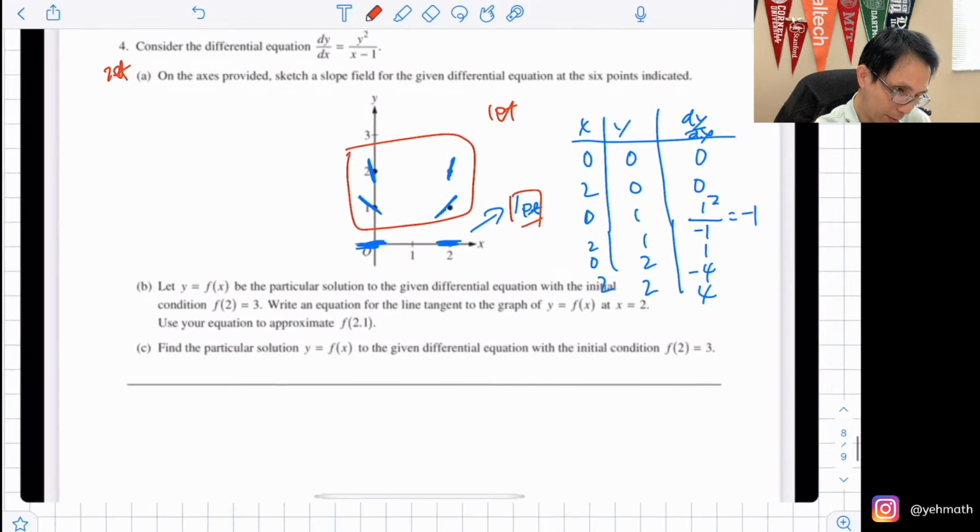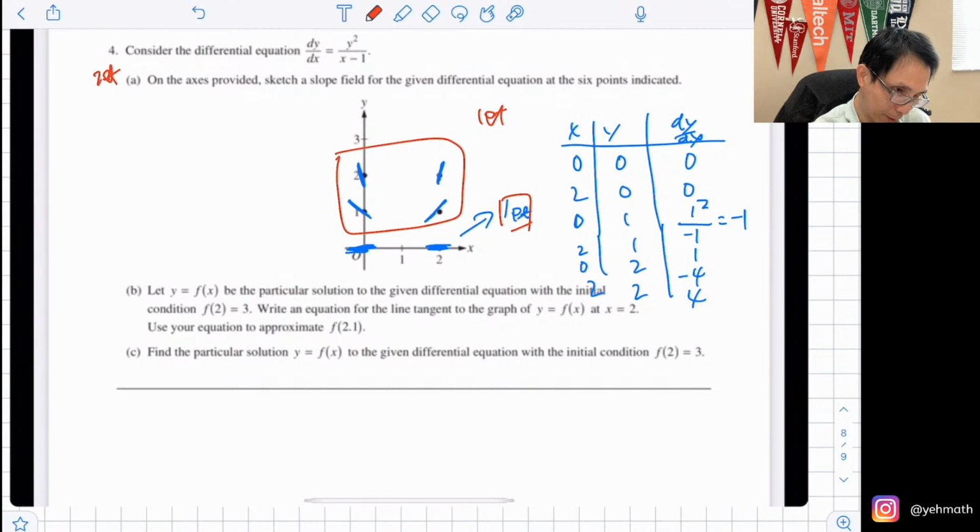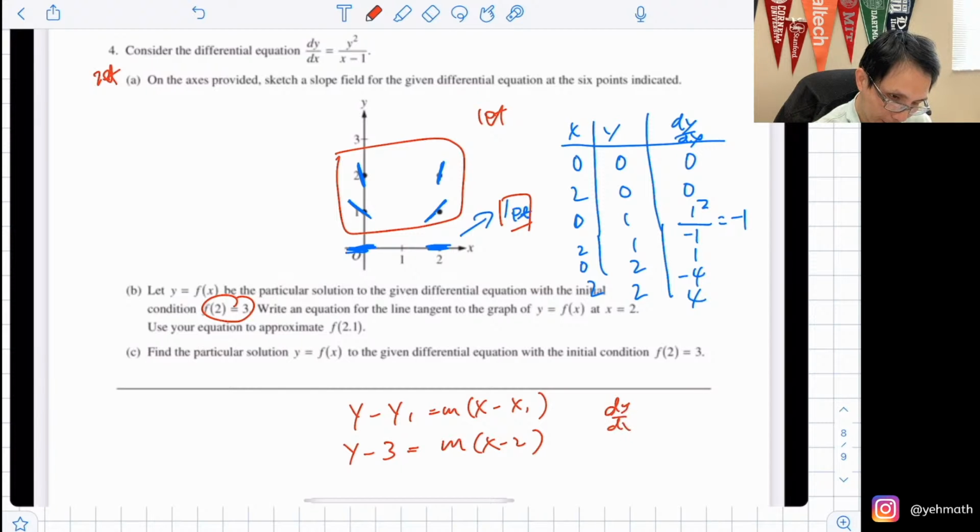Now go to the next one, approximate 2.1. Oh my god, we already did this like several times. I'm just gonna be on autopilot with this. y minus 3 is equal to m times x minus 2, because the initial condition here is 2, 3. I'm gonna plug in the slope: dy dx is equal to 3 squared over 2 minus 1.